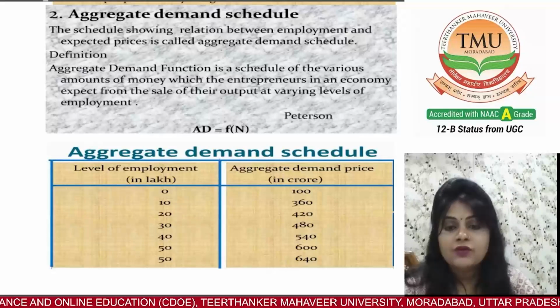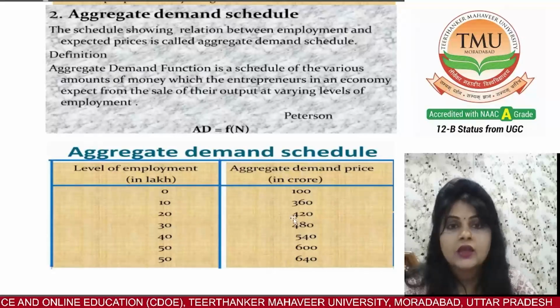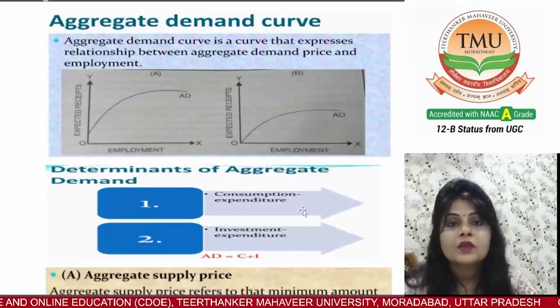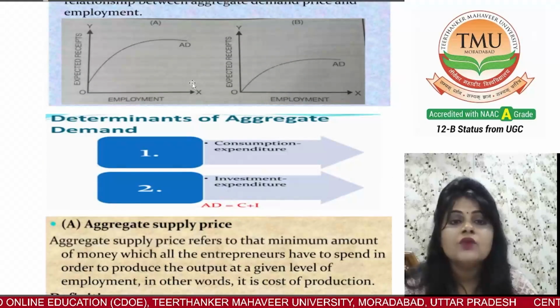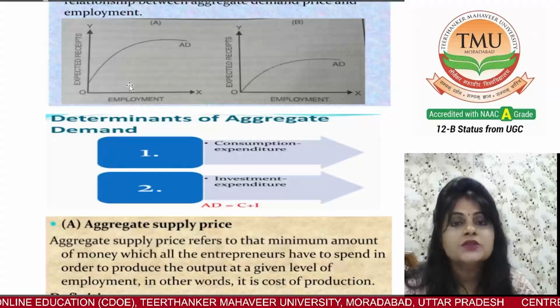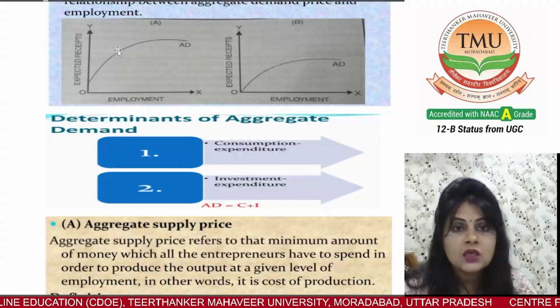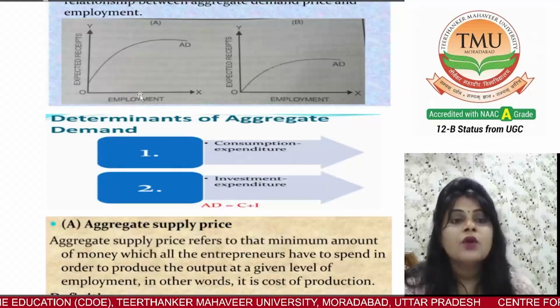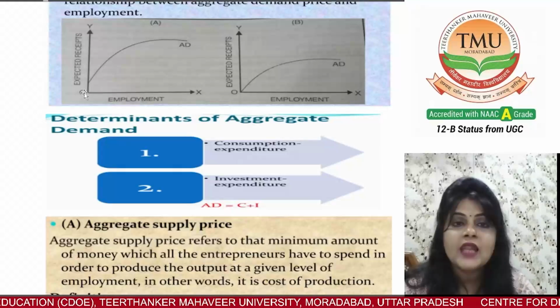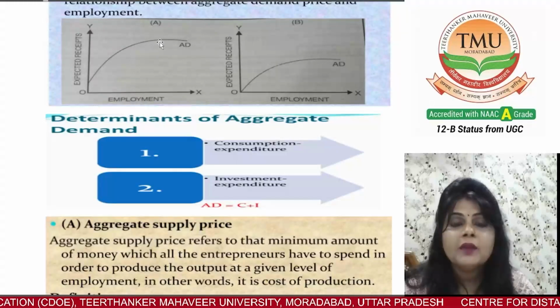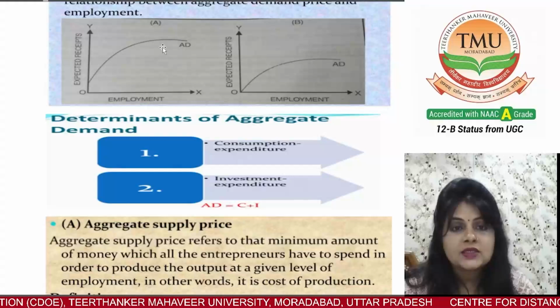The aggregate demand curve can be drawn on the basis of the above schedule. It slopes upward from left to right because as the level of employment increases, the aggregate demand price also rises.